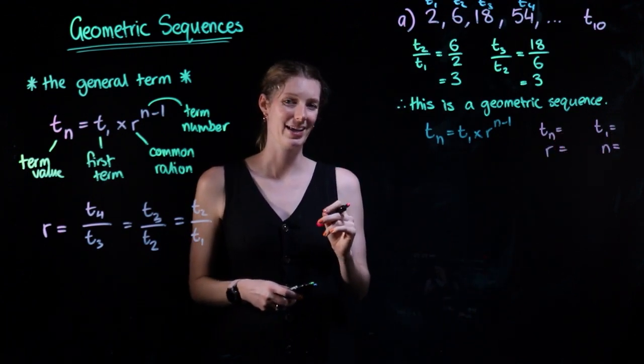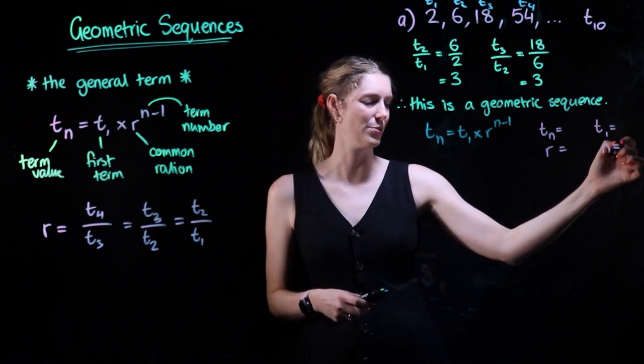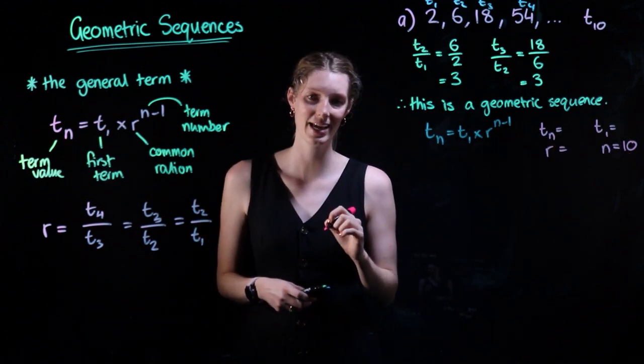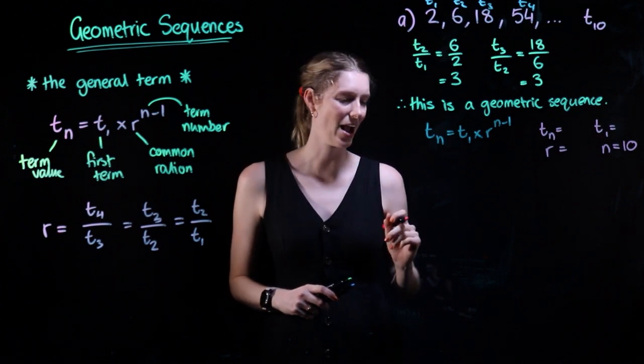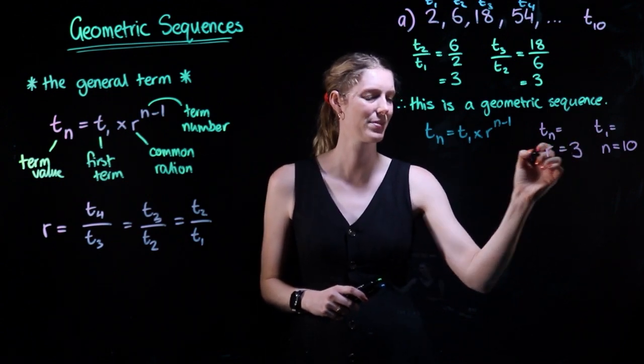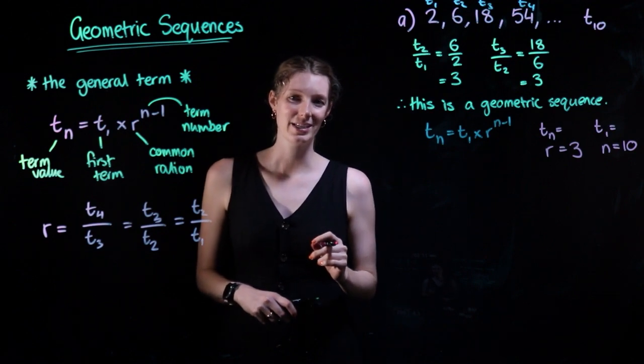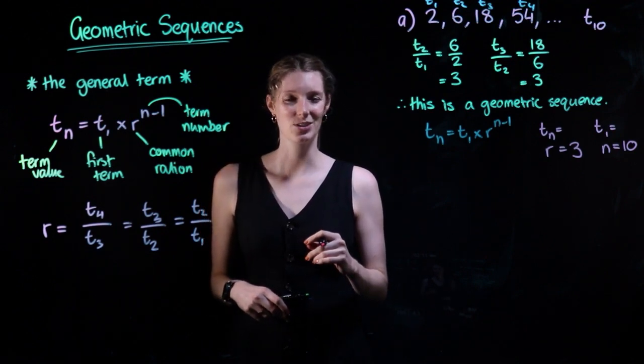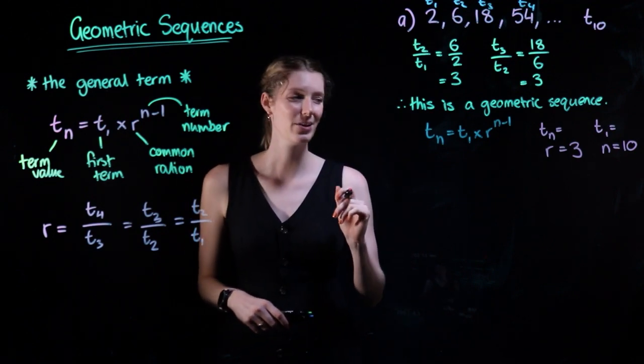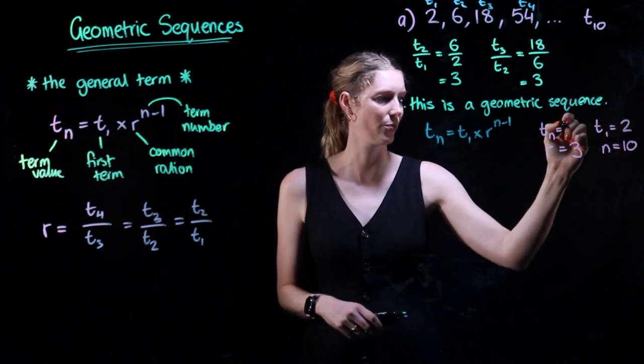We already know that we're trying to calculate the 10th term. So I'm going to put n equals 10. And we've already calculated our common ratio of 3. Last thing we need to do is identify what our first term is, and that's going to be the first given value in our sequence, which in this case is 2.